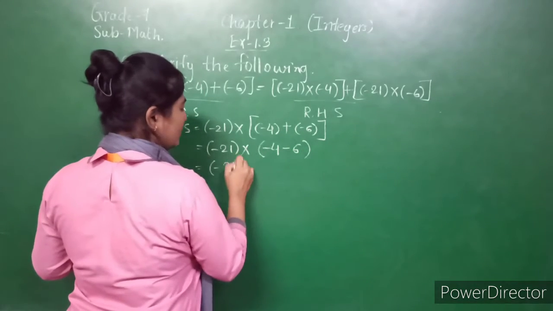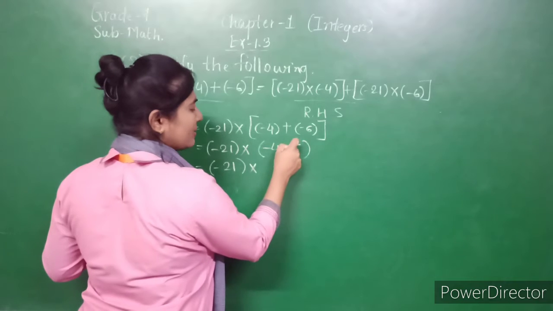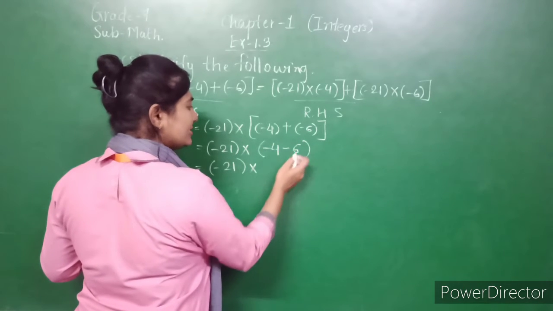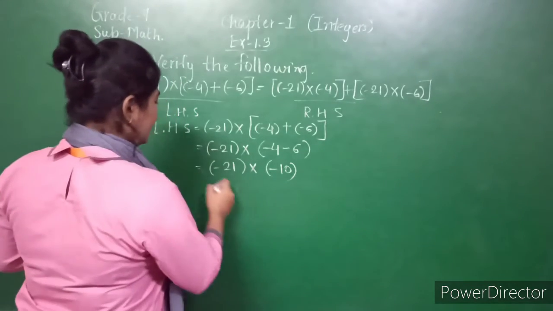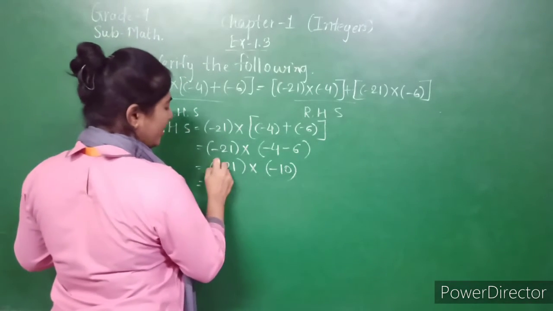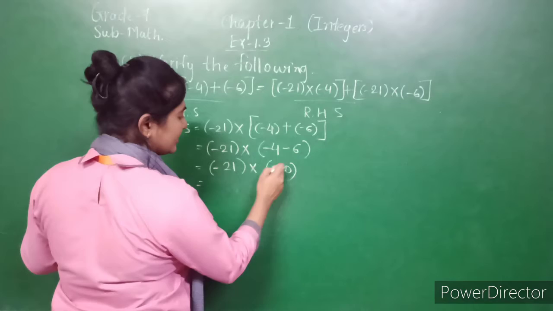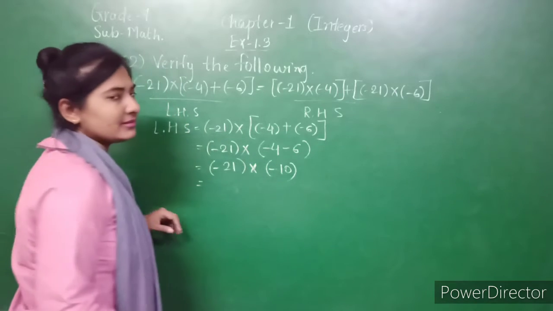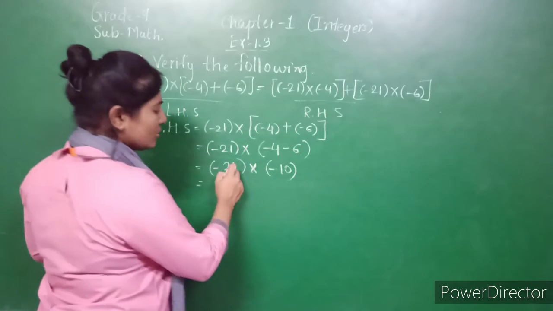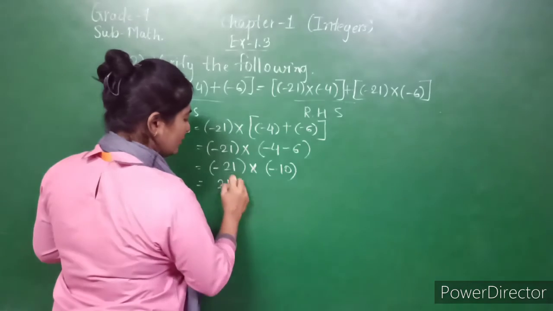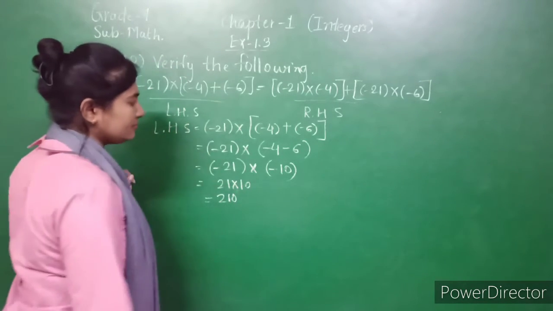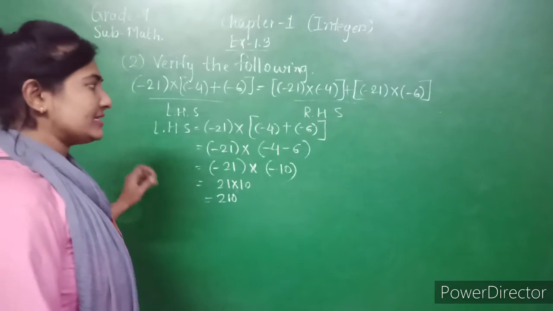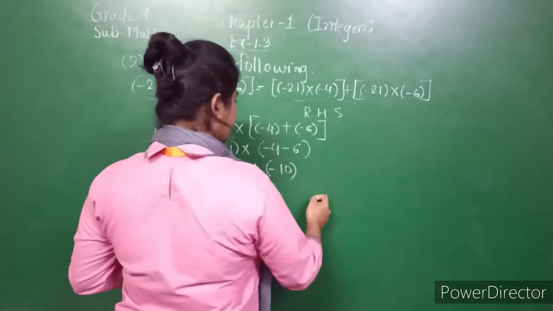So minus 21 into minus 10. Here 2 times minus are there, so our answer will be positive. So it is 21 into 10 is equal to 210. Now this is our LHS. Now we have to prove RHS.